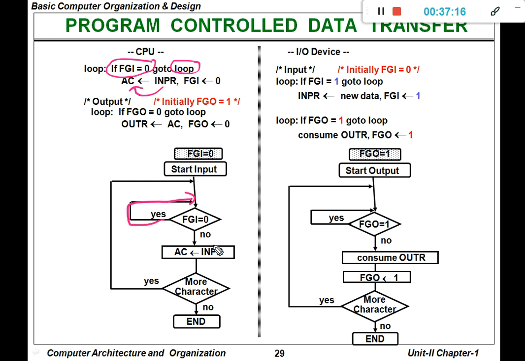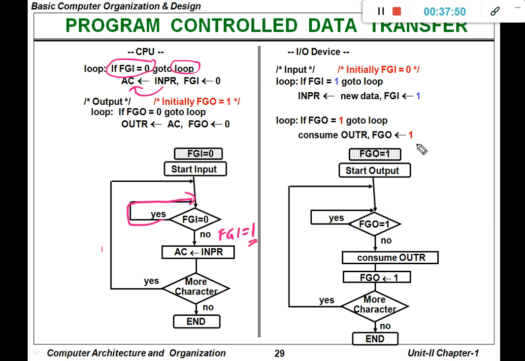Then if you enter one more character, once again it checks the FGI flag. If the FGI flag is 0, then once again it will be in the loop, continuously in the loop until FGI is set to 1.